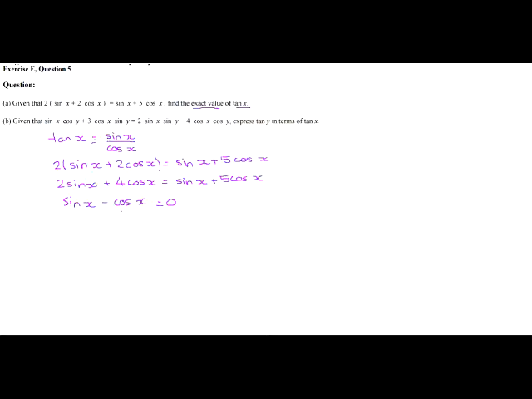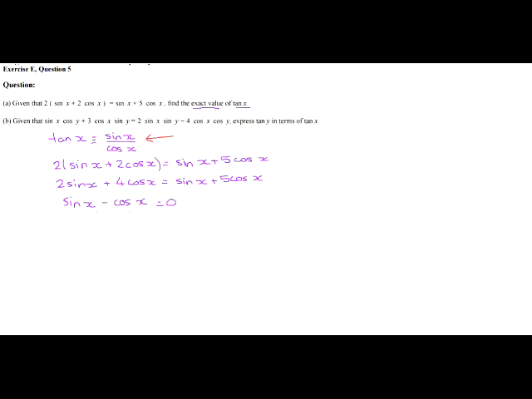Right, so this is where it can get a little bit tricky. So this is what you have to think about. To find tan of x, it has to be sine divided by cos. So we need to divide this by cos. Now, because it's equal to 0, that's easy, because whatever we do to that side is going to be equal to 0.